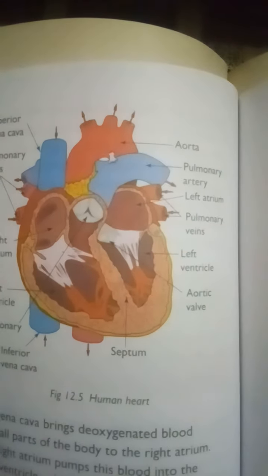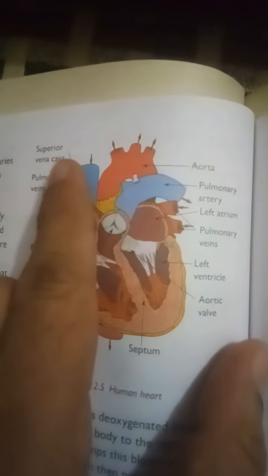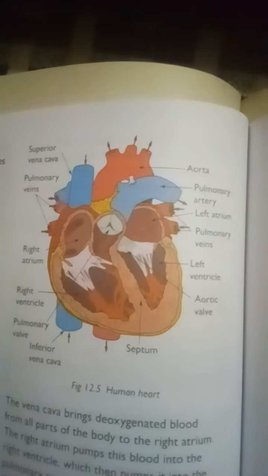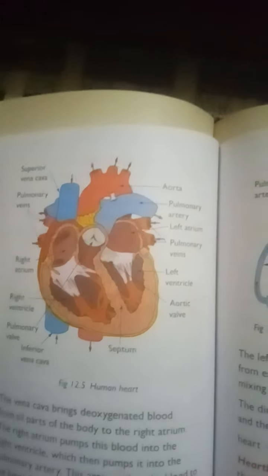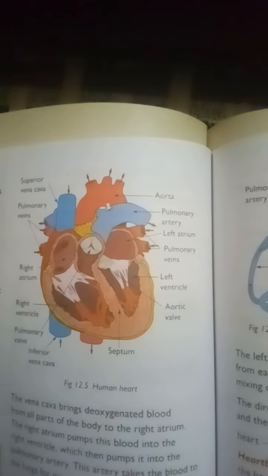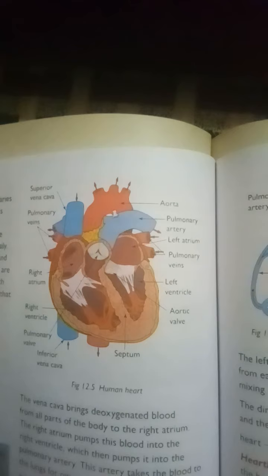See, the vena cava. Now look where that vena cava is: the superior vena cava, and the inferior vena cava downside. The vena cava brings deoxygenated blood from all parts of the body. Have a look, blue color.